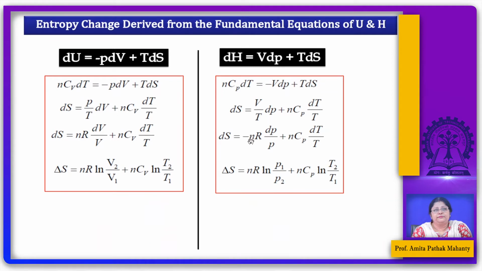Here V by T you replace by nR by P and you get this expression. This expression we have already discussed when we were talking about entropy change, but here is how we derive it. It is not just from the first law, a gas law, but you have to come from the fundamental equations. I hope I'm able to clear your previous doubt here.